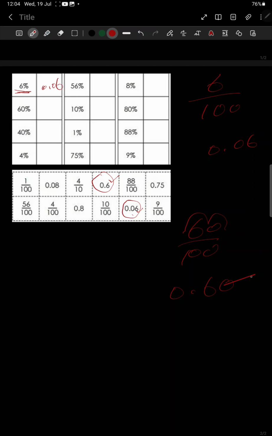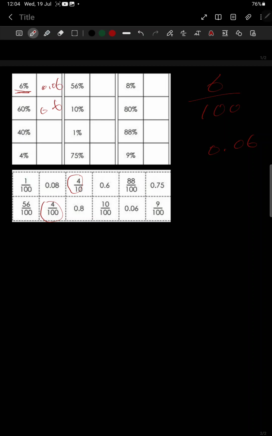The last 0 we need not write, so it will be 0.6. In this way we can find 40%. 40%, which are the answers? It may be 4 over 100 or 4 over 10. These are the options we have related to 4. So let's check which is the right answer.